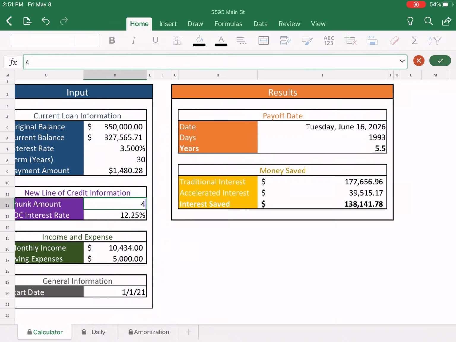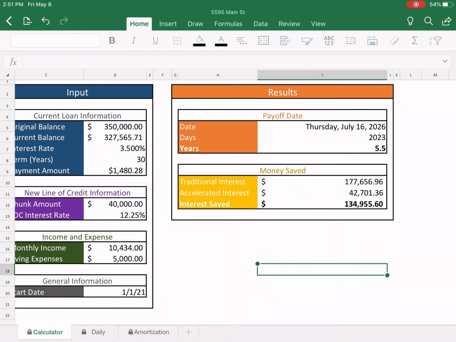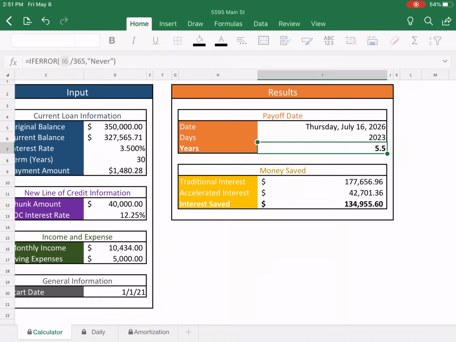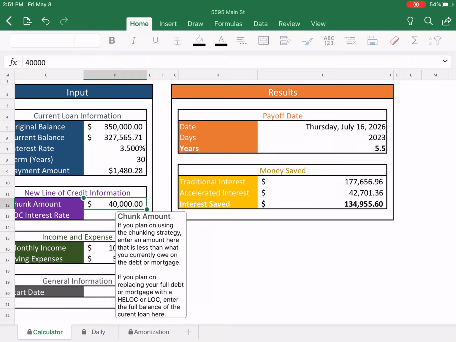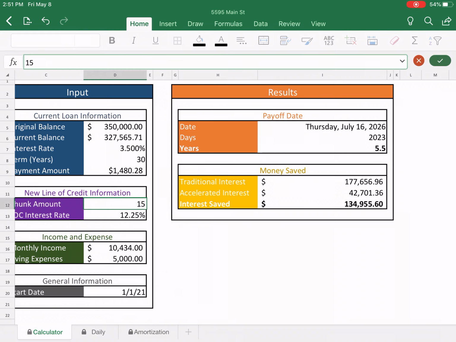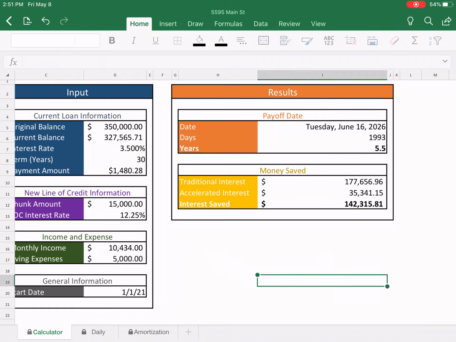If you do 40,000, why are the years not changing? But anyway, the days change. So yeah, it changed right there. So 2026 and 15,000 gets you to 2026.